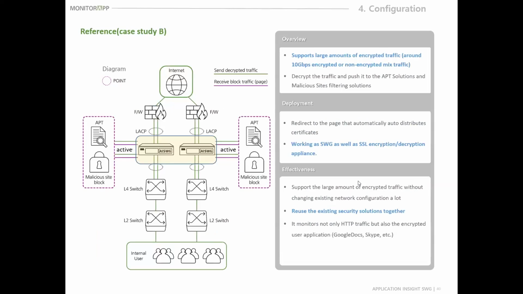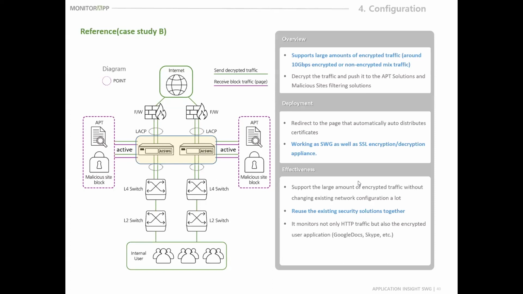Case study B is for a big bank. The major requirements were, first, to handle encrypted and non-encrypted mixed traffic at around 10 gigabits per second stably. Second was to support the already existing security appliance that cannot handle encrypted traffic. Before deploying the SWG, the customer could not handle encrypted HTTPS traffic.